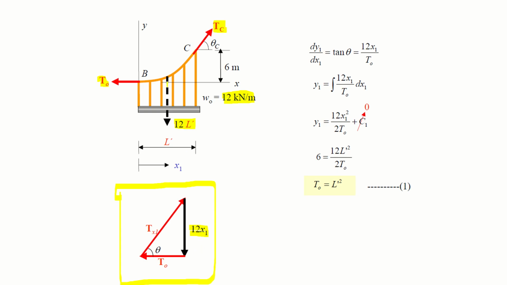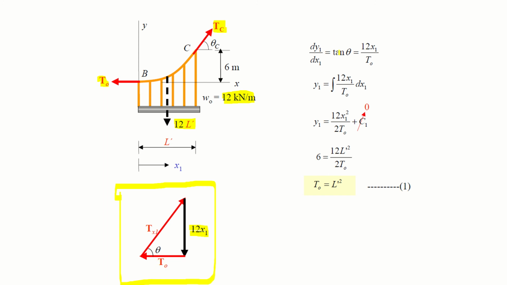So your vertical component is 12x1, your horizontal component is T naught, this T naught, right? And your inclined component, this one, is the resultant or the hypotenuse. So tangent theta is equal to perpendicular by base. Your perpendicular is 12x1 and your base is T naught.